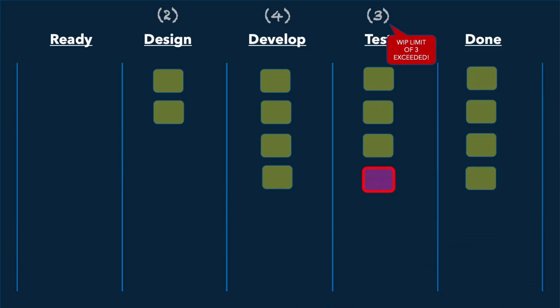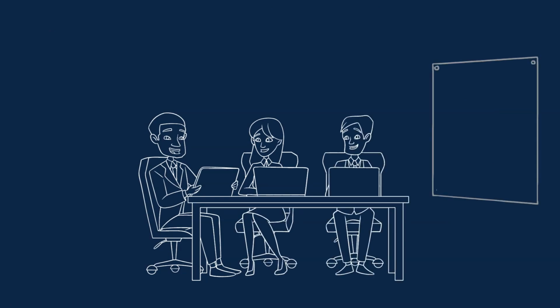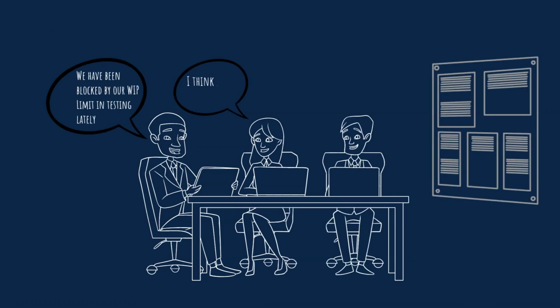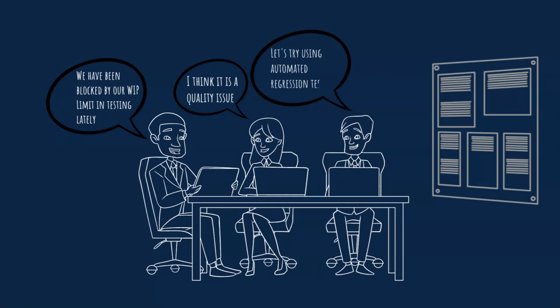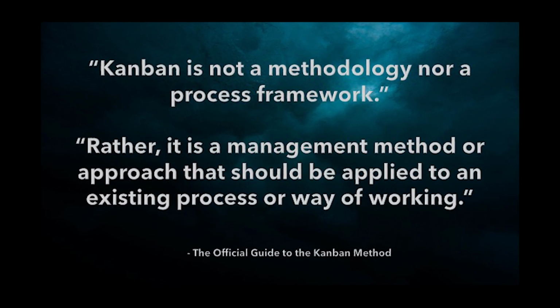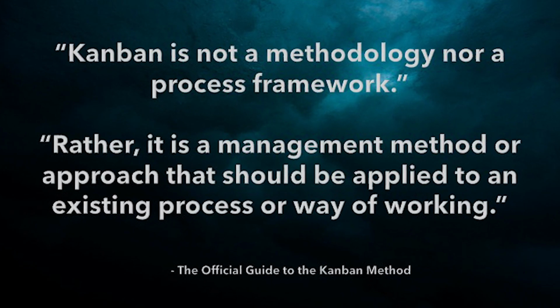Experiments are used to test improvement ideas. Since the experiments are designed as safe to fail, the changes can easily be rolled back if the results are not what was expected. And finally, remember, Kanban is not a methodology or a process framework. Instead, it is a method that can be applied to an existing process or way of working.